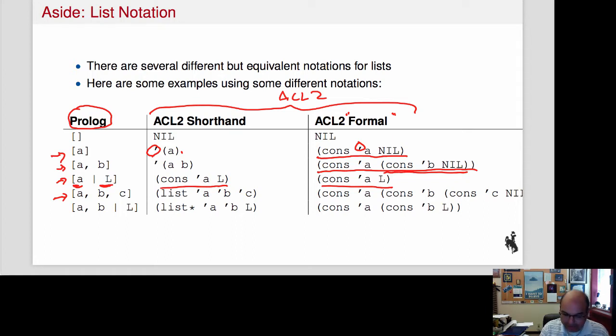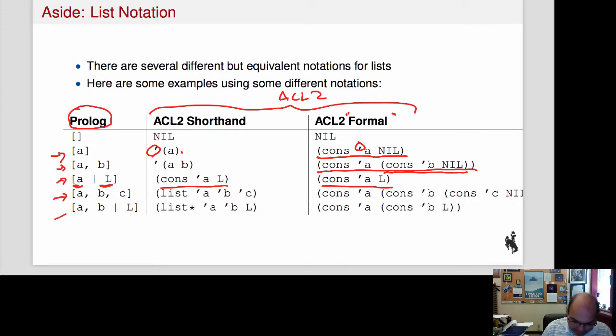And the list function takes three arguments. Again, I want the letters A, B, and C, not the variables A, B, and C, so all those need to be quoted. And the formal notation is that what I'm doing is I'm consing A to the list, which is created by consing B to the list, which is created by consing C to the empty list, right? And again, A, B, and C are quoted, right?